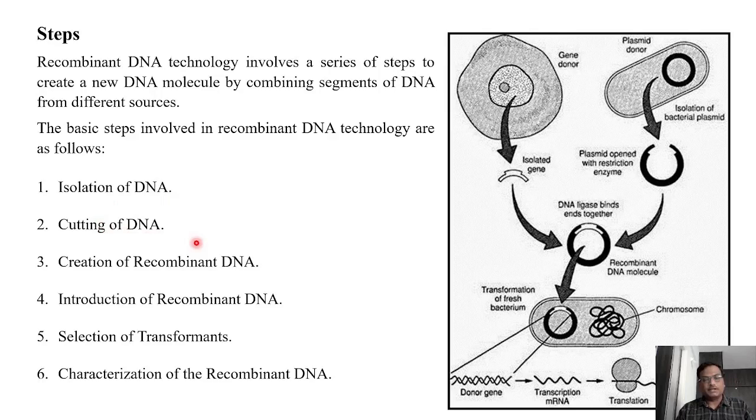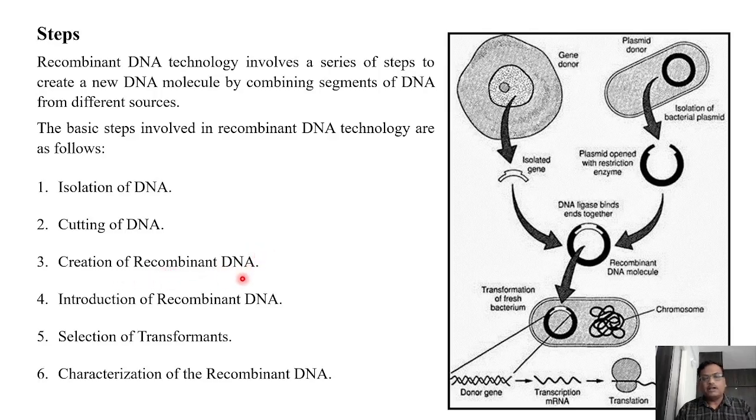Once the gene of interest is cut from the DNA, the next step is creation of recombinant DNA. This is where we are going to use the vectors or phages. Using different techniques, you are going to create a recombinant DNA. So what is recombinant DNA? It is the DNA of two different organisms. You are going to join them using enzymes like ligase.